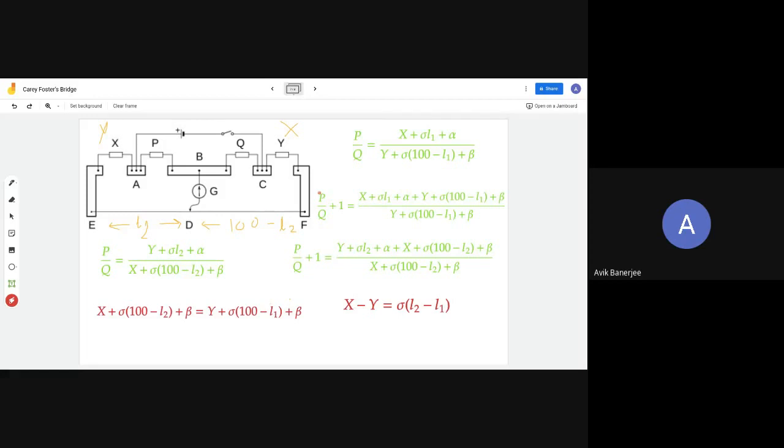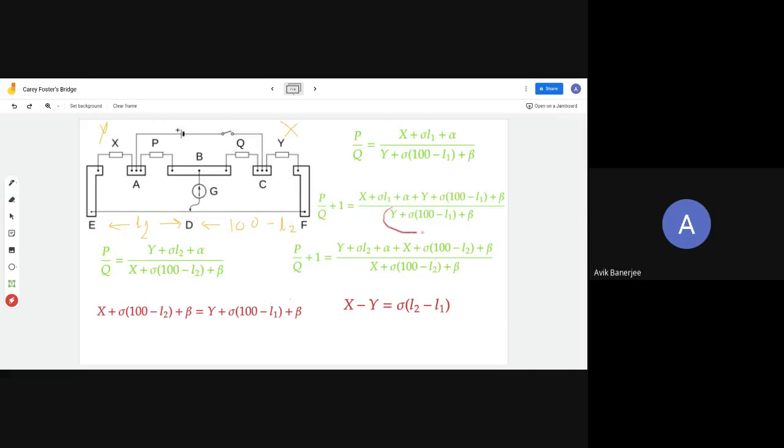So now if you look at this equation and that, you'll see the left hand sides of these two equations are the same. The numerators of the right hand side of these two equations are also the same: X plus Y plus alpha plus 100 sigma plus beta.